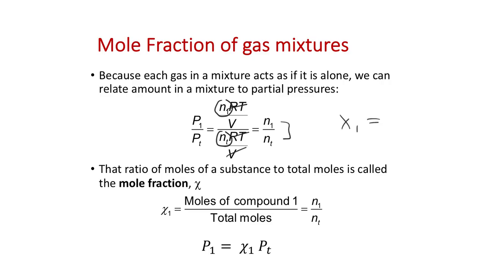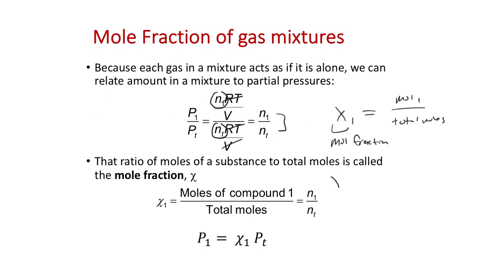So the mole fraction of 1, this is just the symbol for mole fraction, is just equal to the moles of component 1 divided by the total moles. So our mole fraction is just the fraction of one of the components divided by the total. Our X1, they usually italicize it, is moles of component 1 over the total moles, so N1 over NT descriptively.